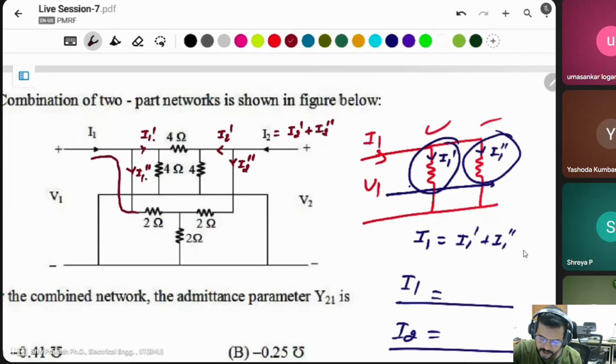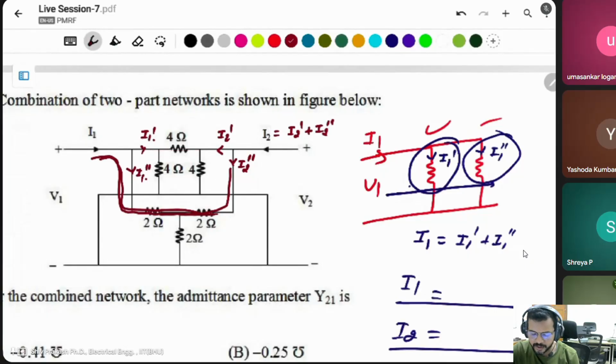This circuit is connected in parallel. This current is parallel to this current, and this I2 meets at this point and makes this two port network.